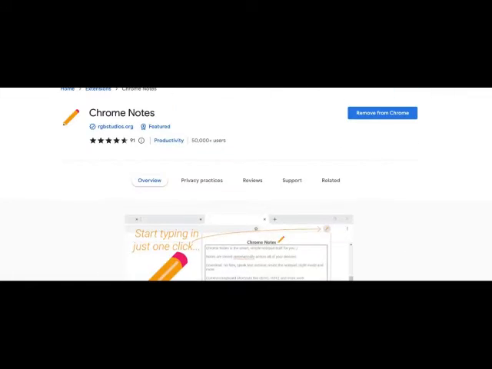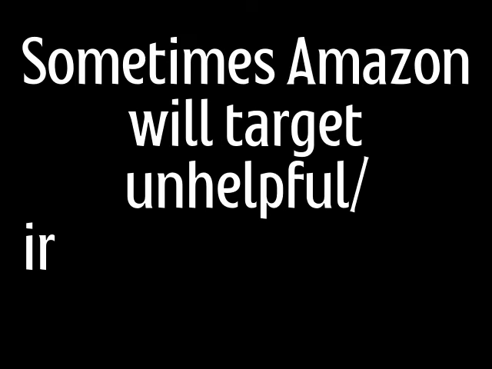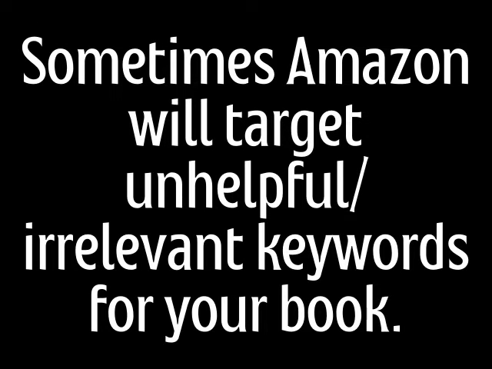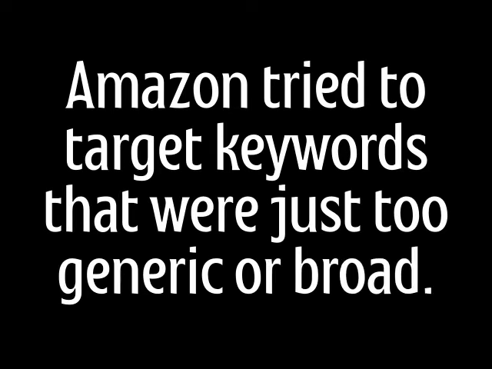So anyway, to clarify, it sometimes seems that Amazon doesn't really acknowledge what your niche is or what keywords to rank you for. This is especially the case if you're in a very narrow niche, and this was the case for me. What Amazon was doing was trying to rank me for keywords that were very generic and very broad.